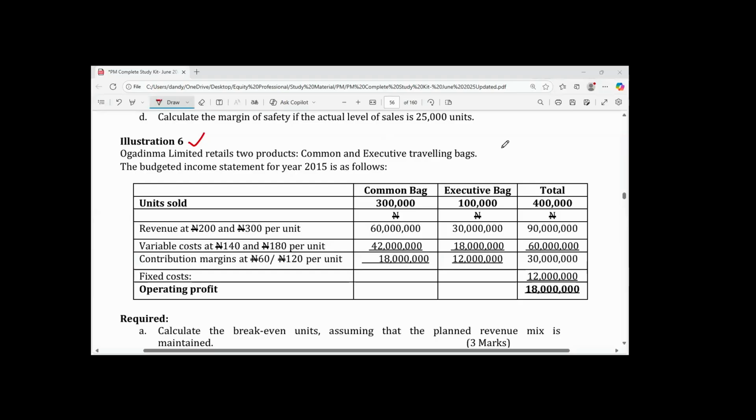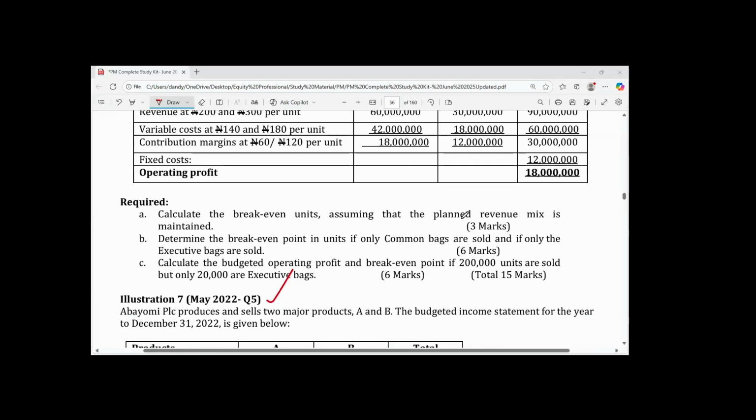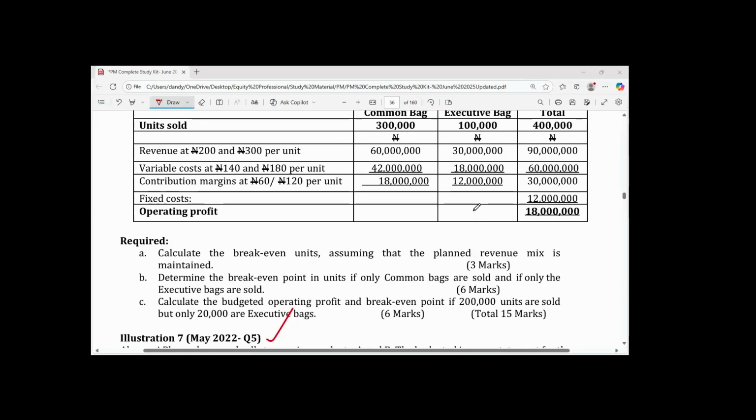Ogadima Limited retails two products, common and executive traveling bags. The budgeted income statement for year 2015 is as follows. We have the requirements. Requirement A, calculate the break-even units, assuming that the planned revenue mix is maintained.